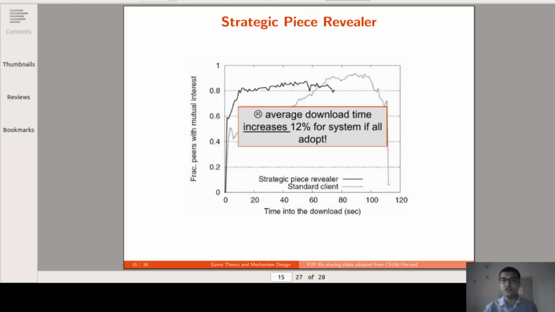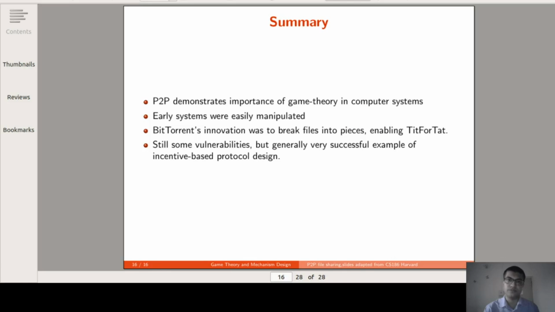If you do this strategic piece revealing, the studies have shown that you get almost 12% less time than the system which does not use this protocol. So all in all, we have demonstrated why we need to understand these game theoretic techniques in the context of computer systems, and peer-to-peer is one such example.